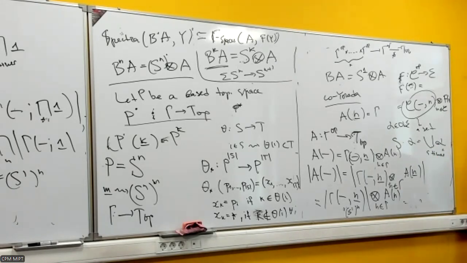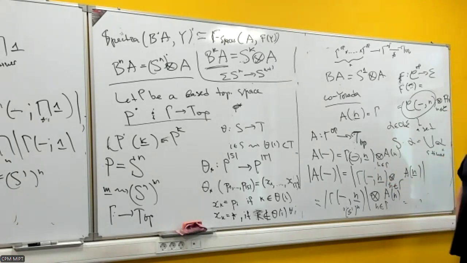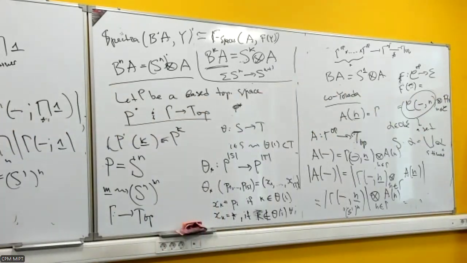In general it's something like tensor and cotensor. In principle it's about the following. For example, you can consider a simplicial category.